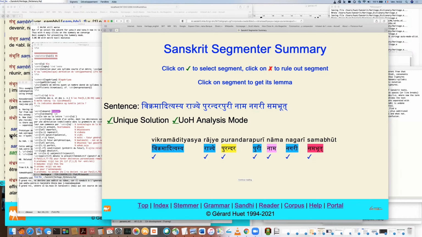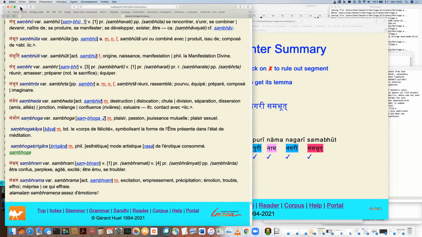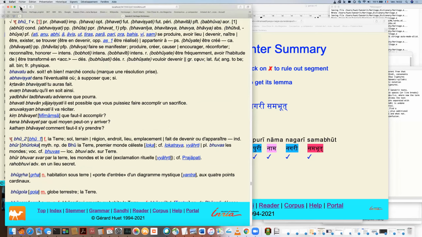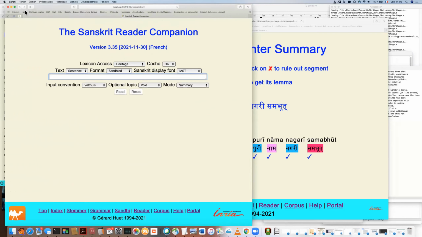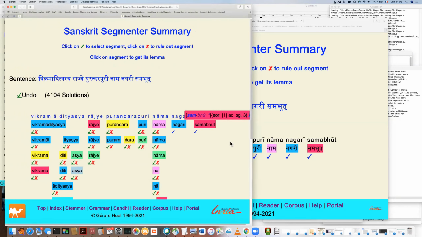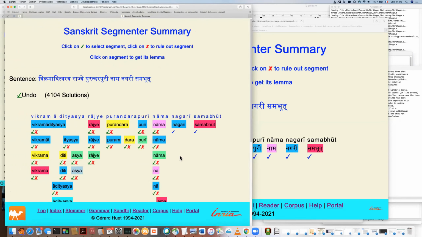So now, the exercise consists in getting the right segmentation. Okay, and now that you understand the sentence, you don't have to click on the dictionary anymore.